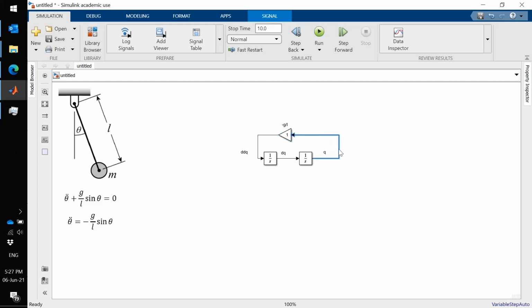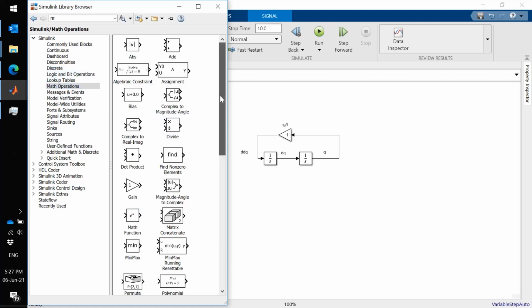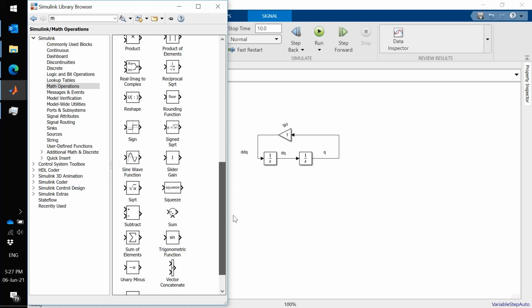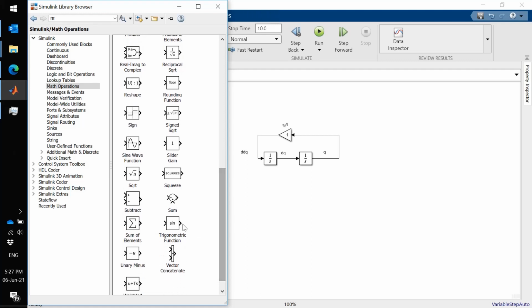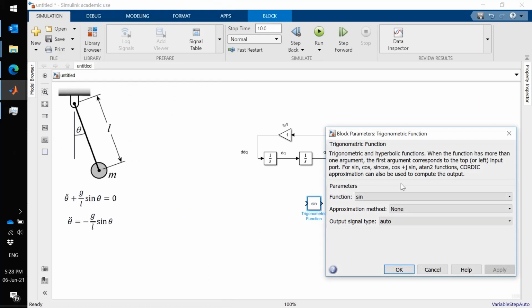So what I'm going to do is insert a math function, a sine function, under math operations. Scroll down and you will find here trigonometric functions. In this block, if you double click, you will see that you have all the options, not just the sine.